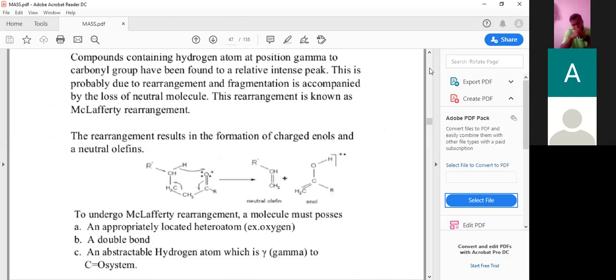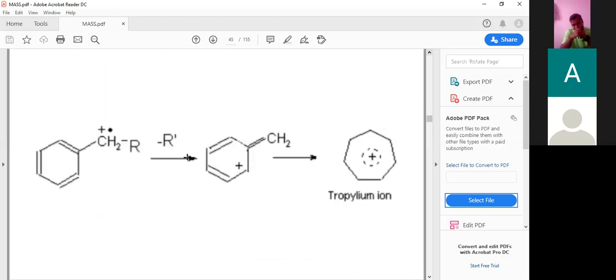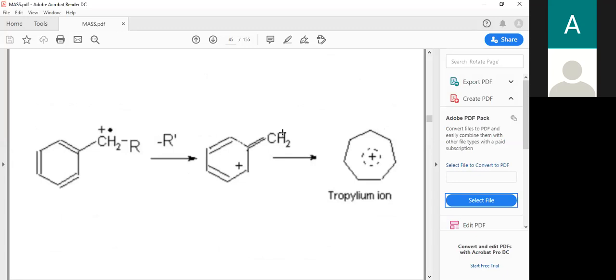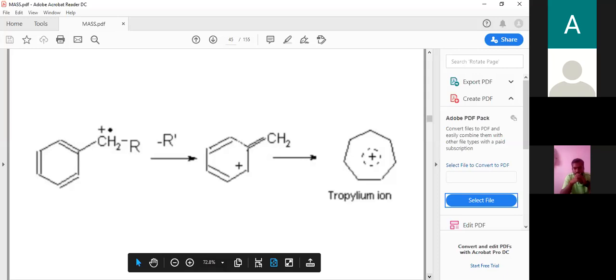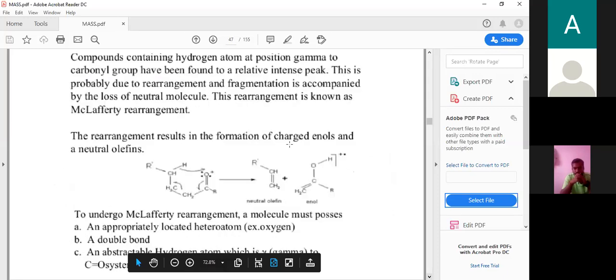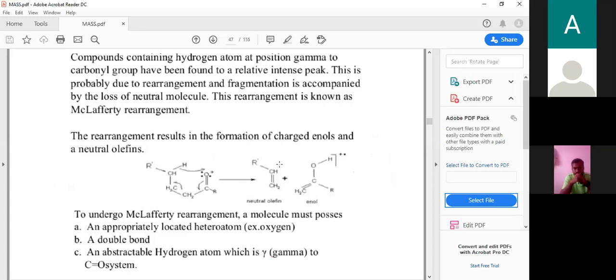In the scrambling, there is no elimination; the CH2 is included into the ring itself. Here fragmentation is there. In McLafferty rearrangement, elimination is there, and you have a neutral molecule and a fragmented ion.